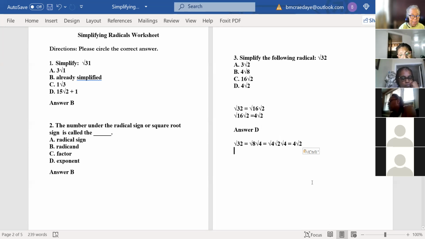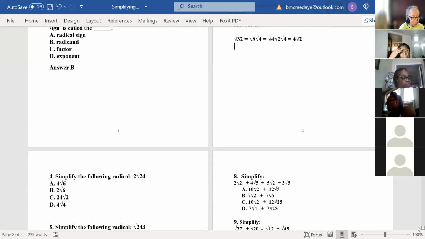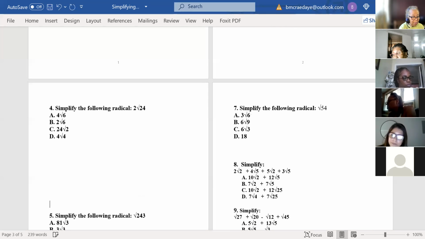All right. Let's go to number 4. Next page. We have another radical we want to simplify: 2 times the square root of 24.